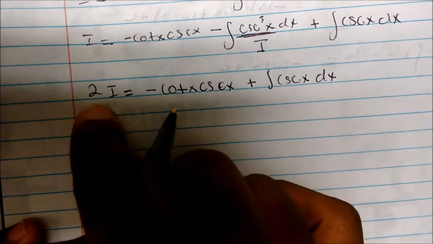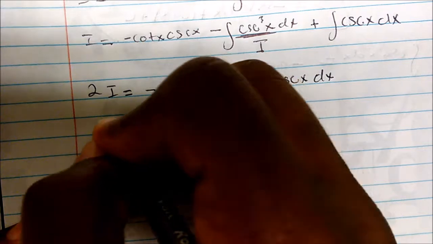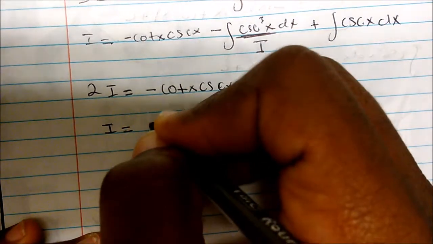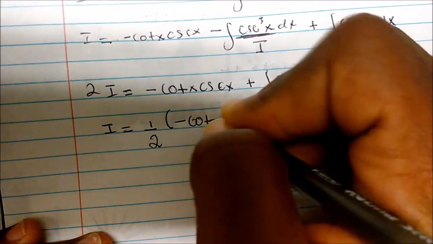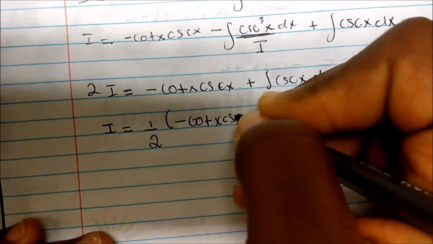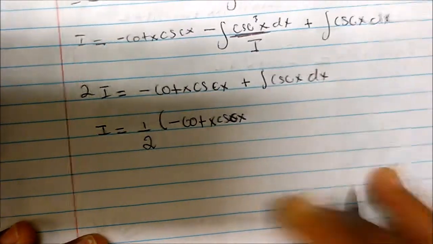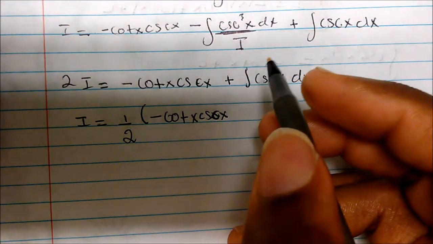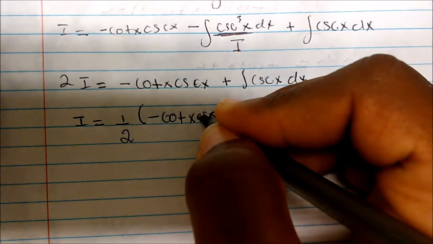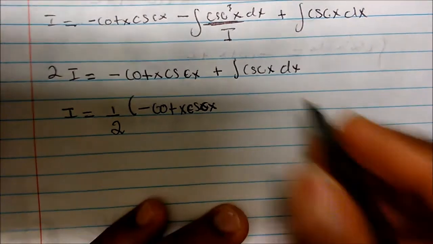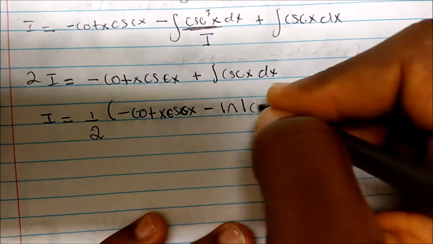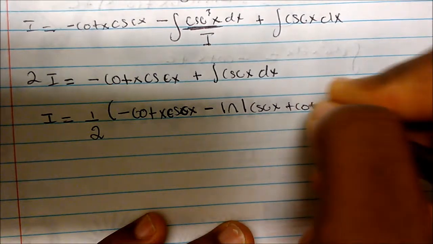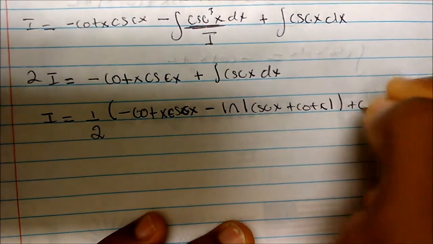Okay, and so if I divide by 2 on both sides, my integral is now given by 1/2 multiplied by negative cotangent of x cosecant of x minus natural log of the absolute value of cosecant of x plus cotangent of x plus c.